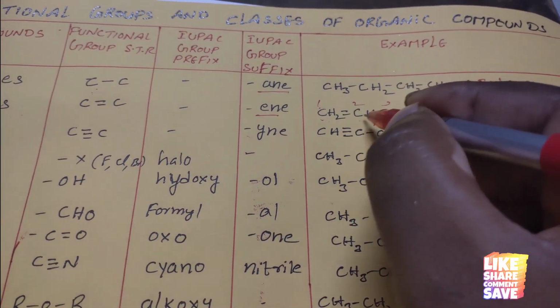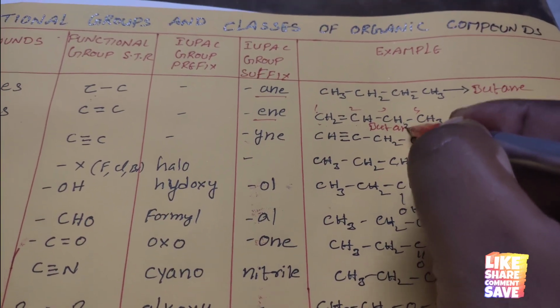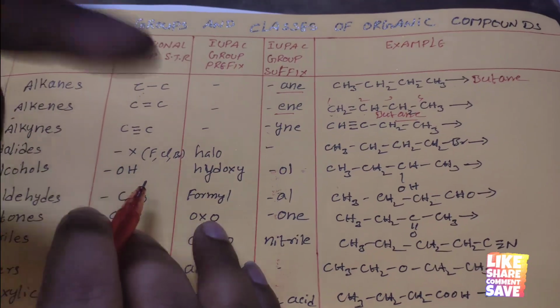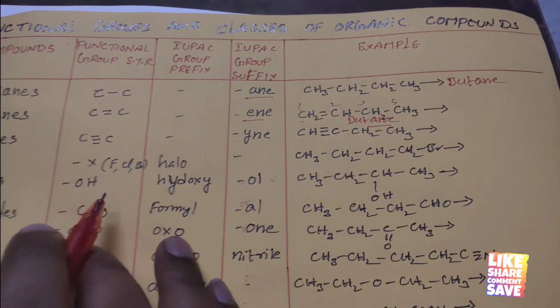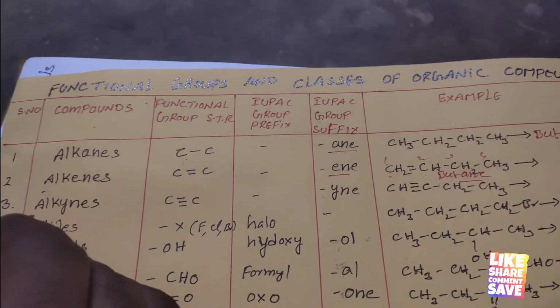And in the first position carbon there is the double bond, so the name of the compound is butene. So always the functional group we write as a suffix, so at the end of the name we write the functional group.